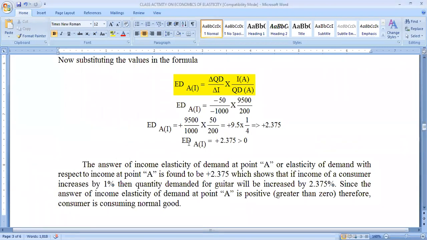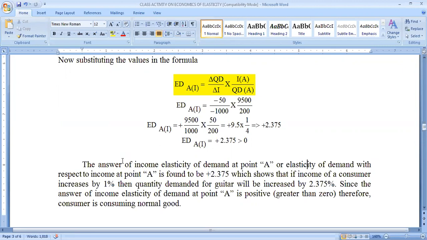So income elasticity of demand at point A is 2.375, and it is greater than 0. Why I've written greater than 0 here, I'll be explaining right after a few seconds. The answer of income elasticity of demand at point A is found to be 2.375, which shows that if income of a consumer increases by 1%, then quantity demanded for guitar will increase.